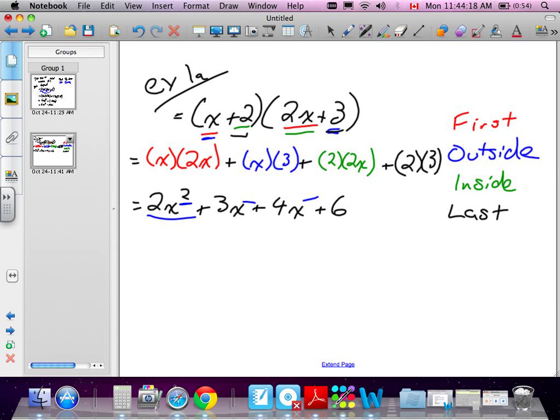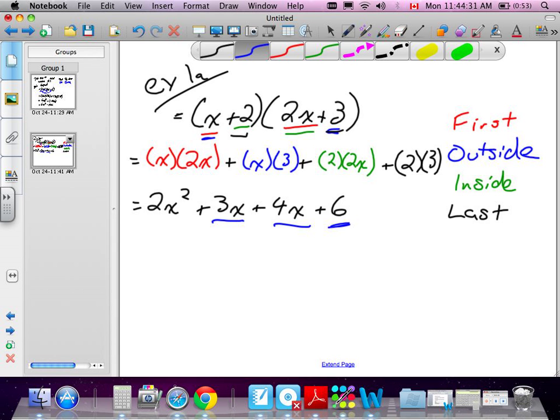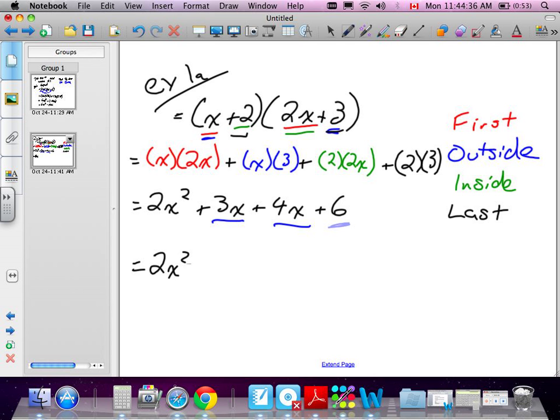The second term has x to the power of 1 and 4x to the power of 1. Those are both like terms, so I can combine those. And 6 is the only constant number, so I can't do anything with that. So I bring down the terms where I can't combine anything. 2x squared plus 3x plus 4x is 7x plus 6.